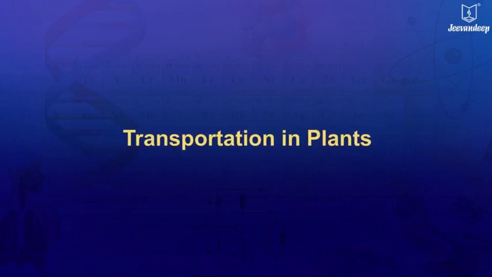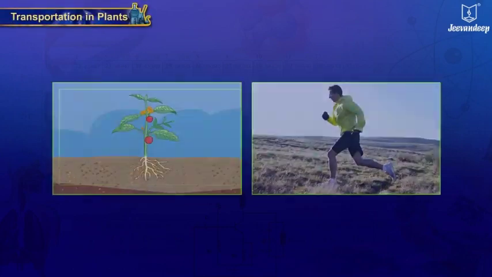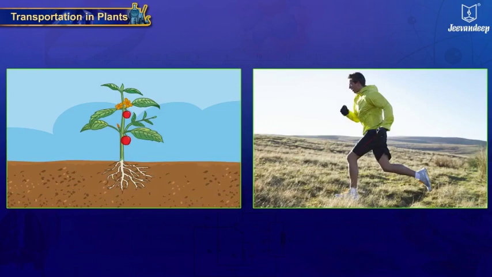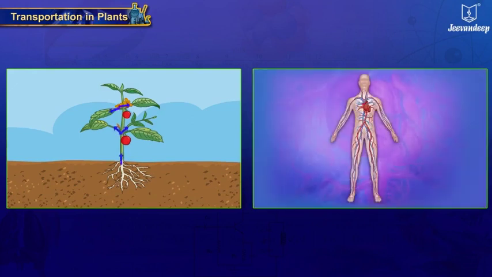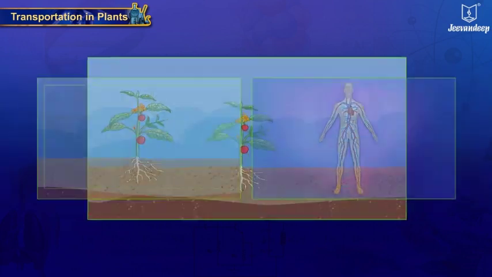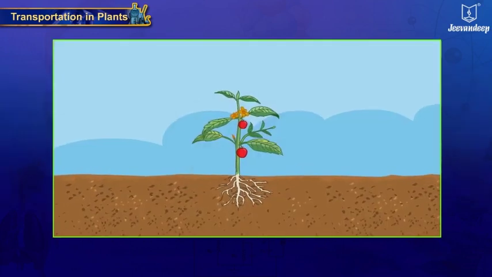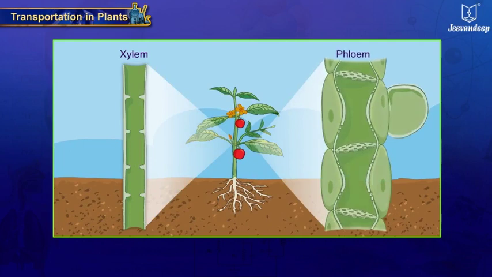Transportation in plants. As plants are stationary and perform less number of metabolic activities, their energy requirement is less, and hence the transportation system is less developed as compared to human beings. Conducting tissues like xylem and phloem carry out transportation in plants.